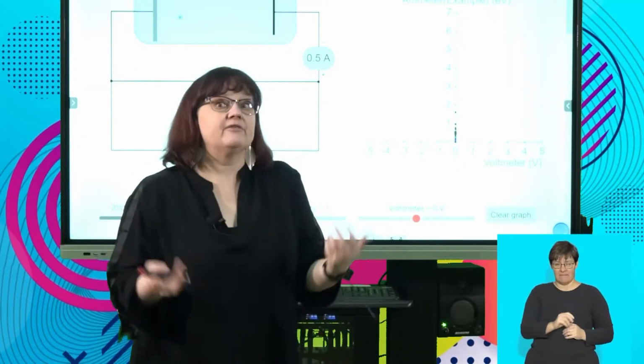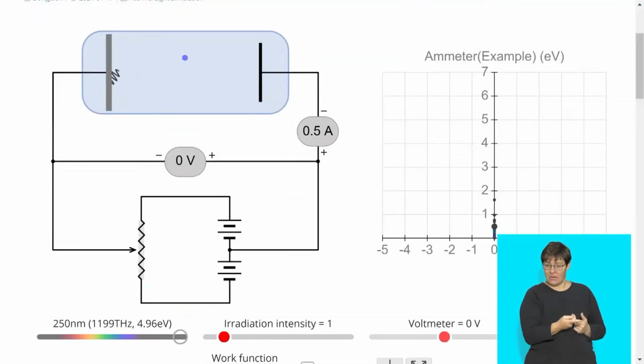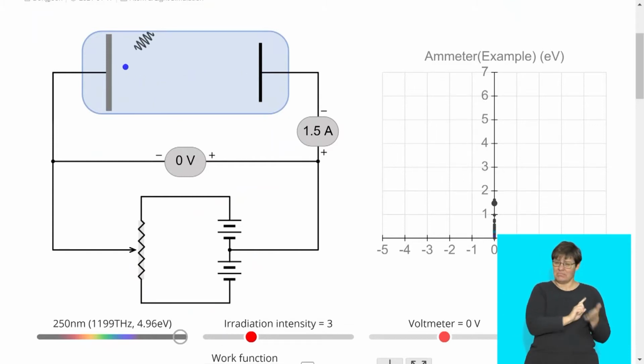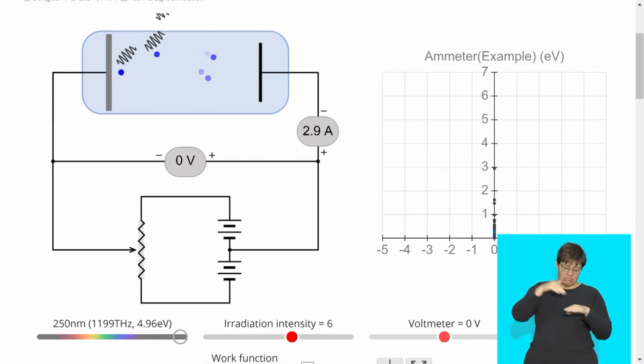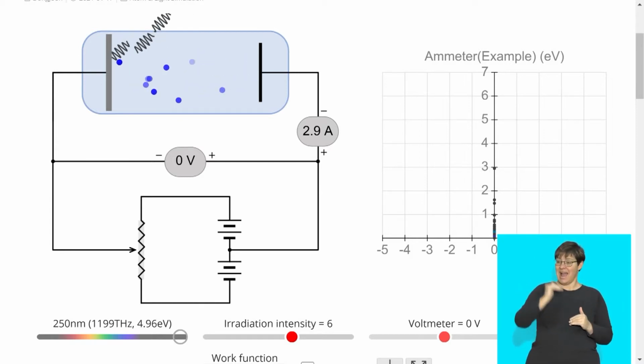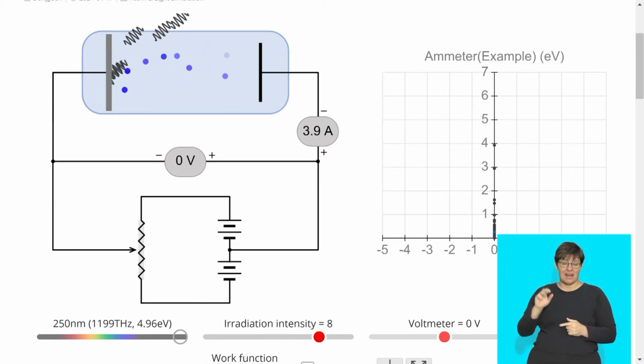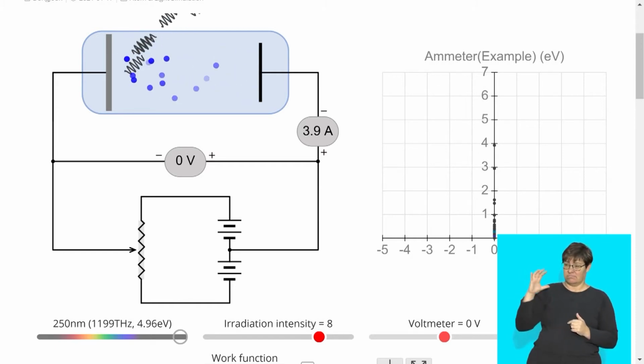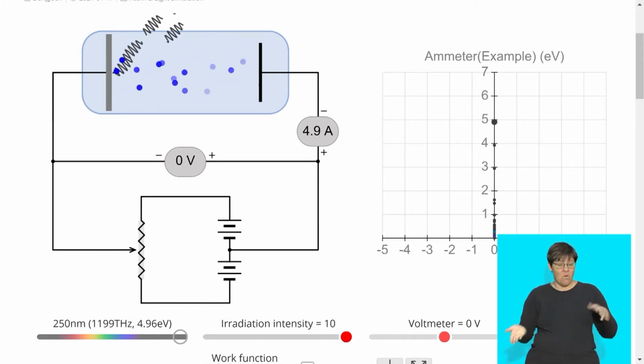They've got a lot of extra energy, which is how the photoelectric equation helps us, because we can calculate how much energy they have. If now I increase the intensity, we can get a very high current. So the more intense it is, the more current we get.